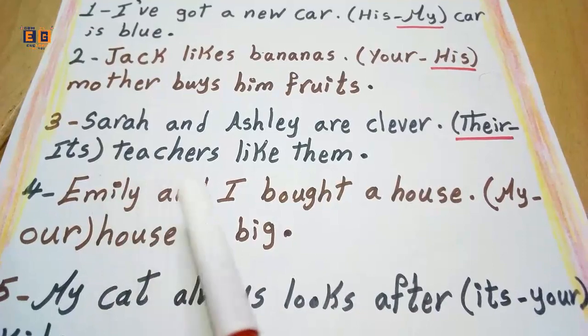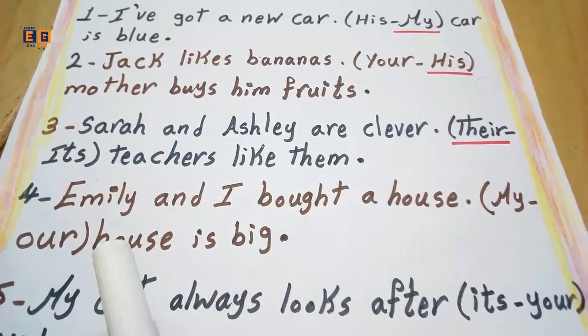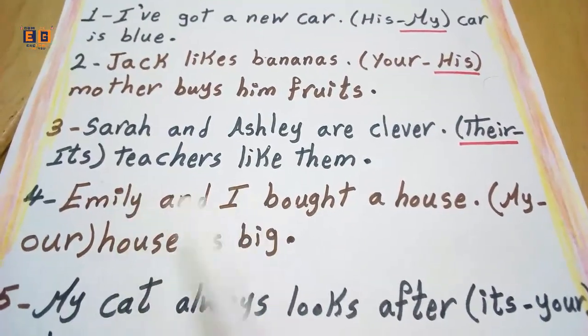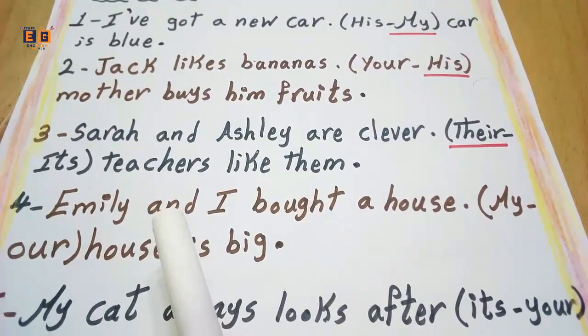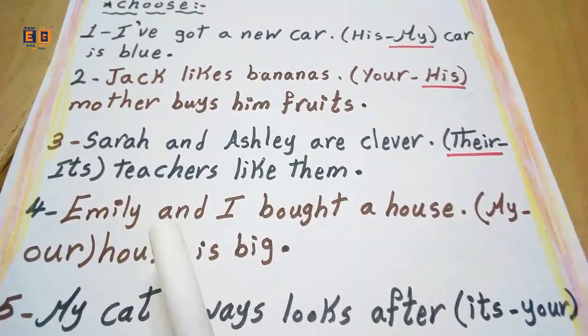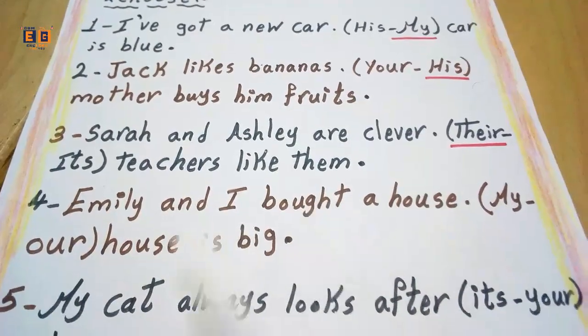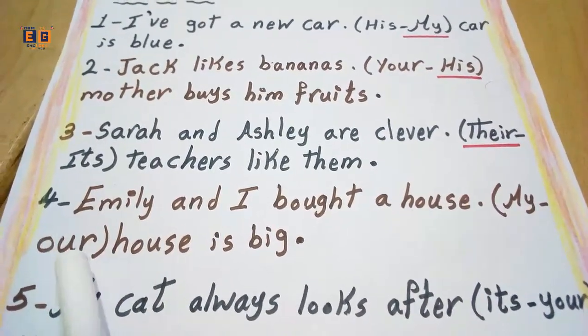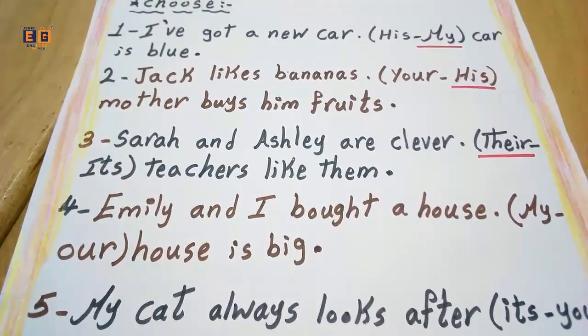Any subject with the subject pronoun I equals we, of course, not another subject pronoun. Emily and I, Peter and I, Ham and I, and so on. Here is Emily and I, as I have said, now equal we. So the right possessive adjective for my or our will be our, which shows the ownership for the subject pronoun we.